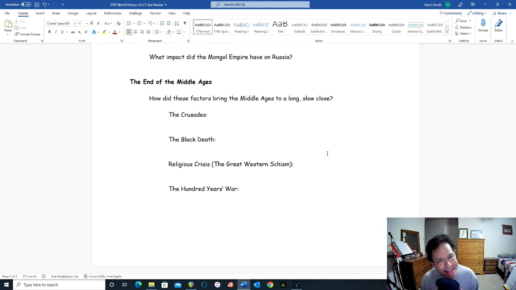So if knights and castles can be challenged, that's going to undermine that entire feudal system. The longbow, for example, could penetrate a knight's armor, and artillery could knock down a noble lord's castle. So this undermined all of feudal society.